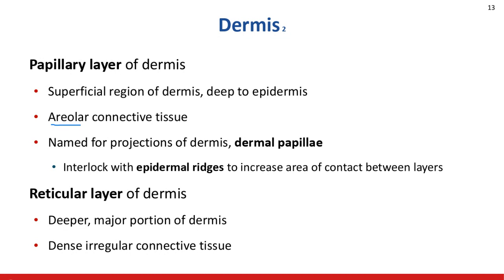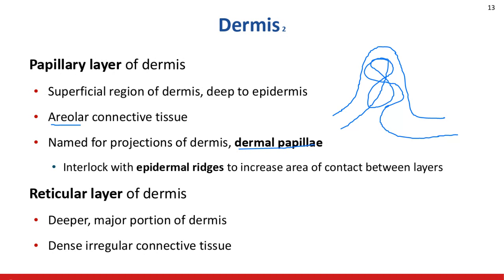But also you're going to have your papillary plexus, which is essentially blood vessels. So they're going to be located in the dermal papillae. So the dermal papillae are these projections, these bumps that go up into the epidermis. And in these bumps, you're going to have all these blood vessels that are going to supply the epithelial tissue with nutrients and also get rid of their wastes for them.